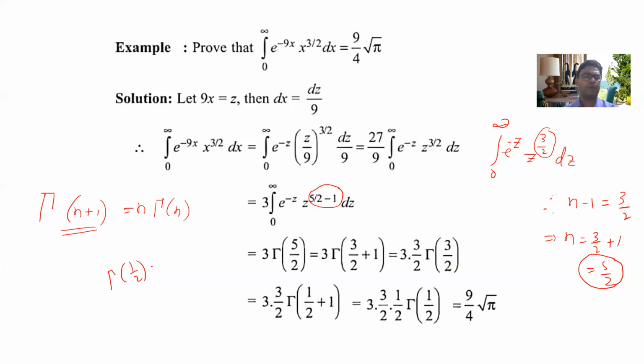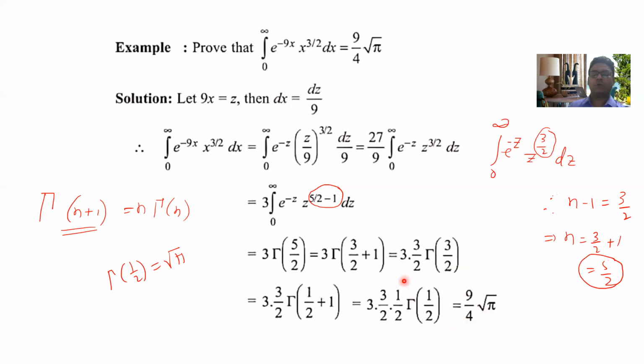This is also a most important value. So after simplification what we have is 9 by 4 root pi.